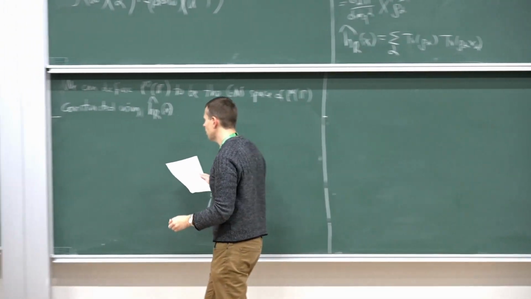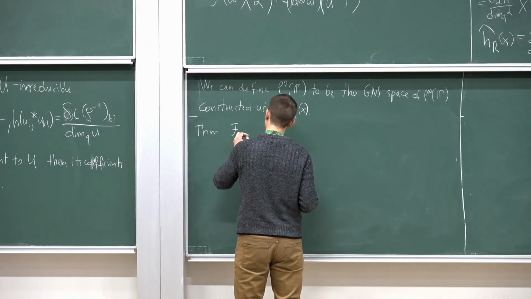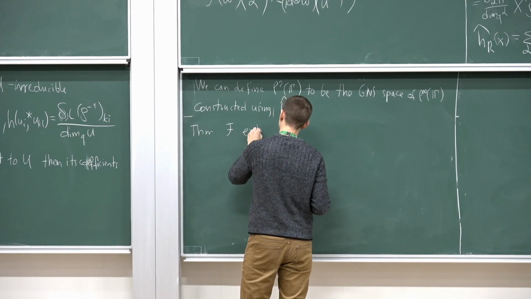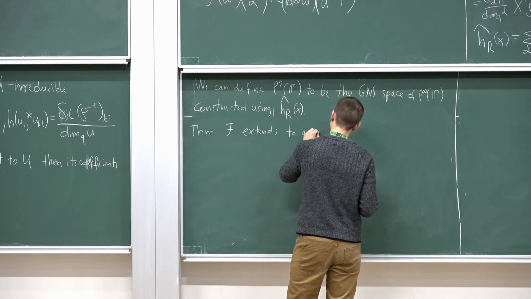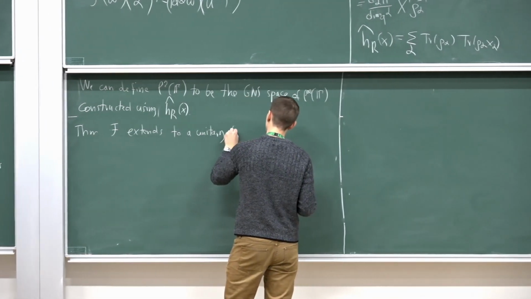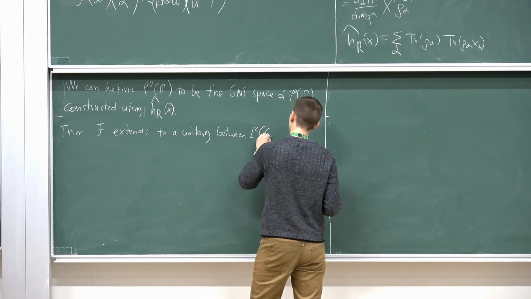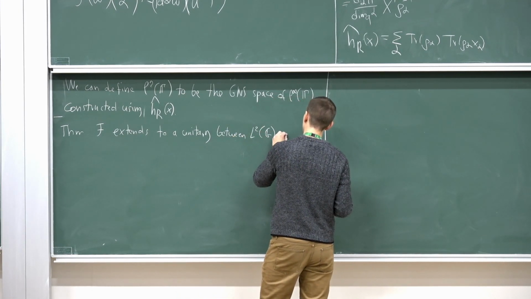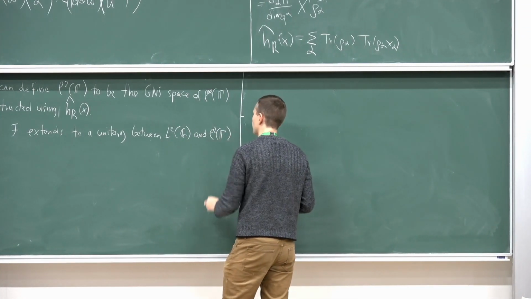And then the statement is that f, say, extends to a unitary between L2 of G and L2 gamma.